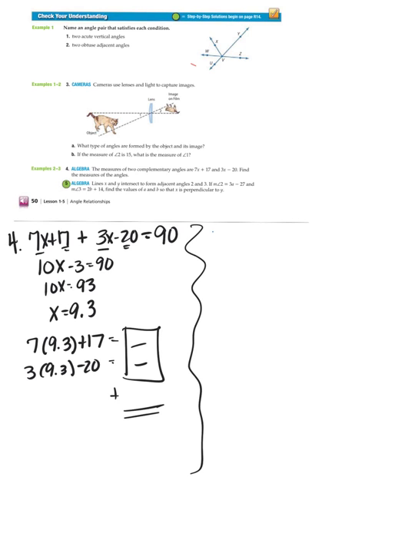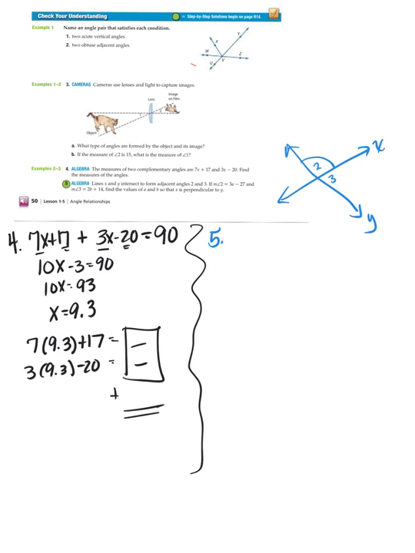So let's look at number 5. Lines X and Y intersect to form adjacent angles 2 and 3. I better draw this. I may not need it, but it sounds like something I might want to draw. So I've got lines X and Y intersect to form adjacent angles 2 and 3.